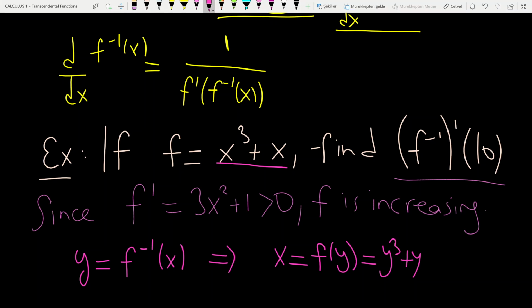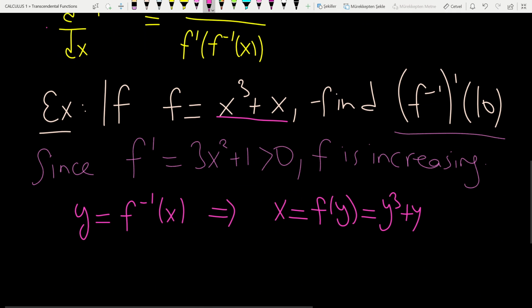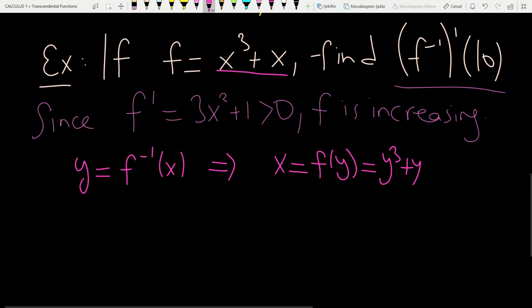Now we differentiate. Do not forget the formula. How do we get the formula? Step by step we follow the formula, okay? We follow this procedure. Now we are ready to differentiate this equality with respect to the variable x. Derivative of left hand side is equal to 1.